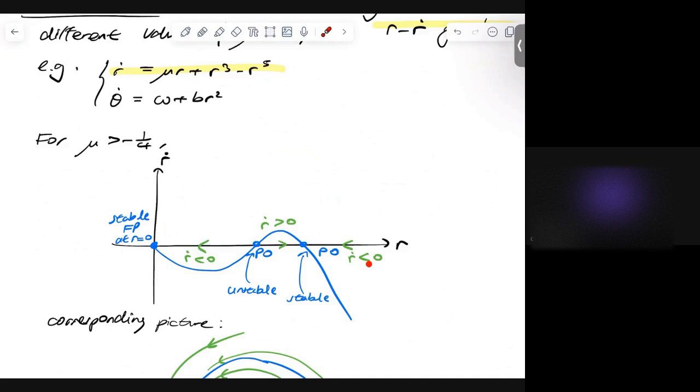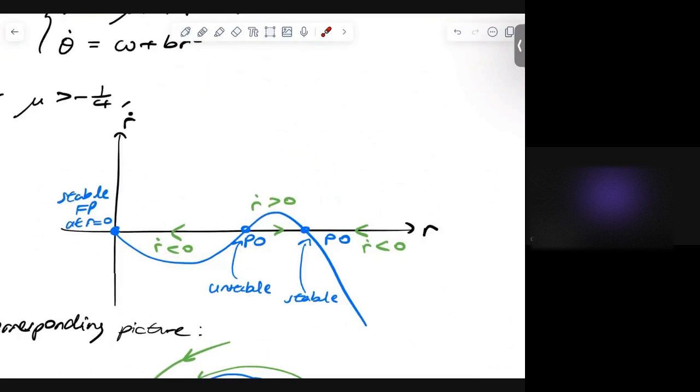That helps us to classify stabilities, because whenever this function crosses the R-axis, that is a fixed point or a PO, because we have R dot equals 0. If we're at that point, we're not going to leave that radius. When R equals 0, we have an FP, and if R is not equal to 0 when R dot is 0, we have a PO, because we're going to stay on that circle. Then the arrows tell you whether that PO is stable or unstable.